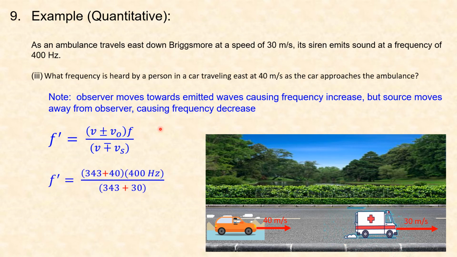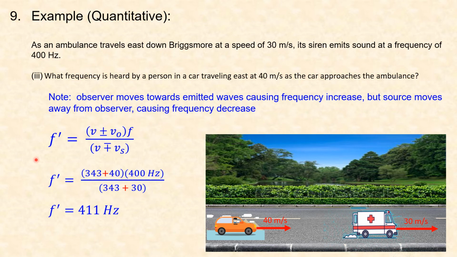So we'll plug in the speed of sound, the speed of the observer, the speed of the source of sound, and the frequency of the source of sound. Do the number crunching here, and you will find we get a frequency of 411 hertz. You'll notice here that it is slightly bigger than the original frequency of the siren.